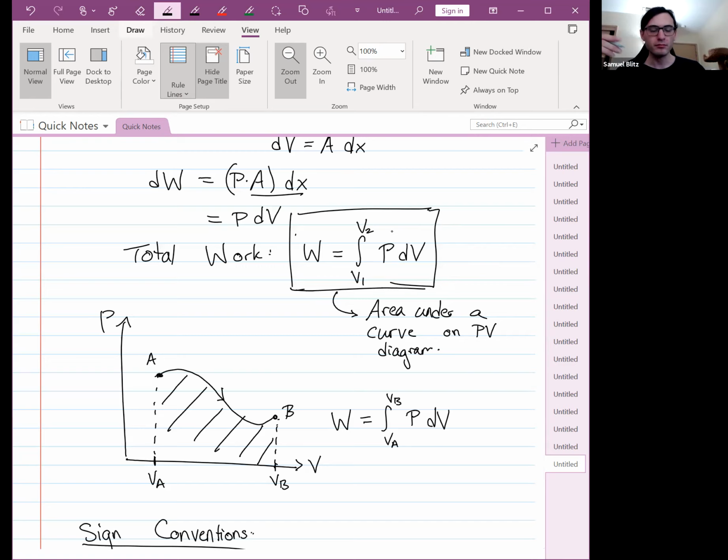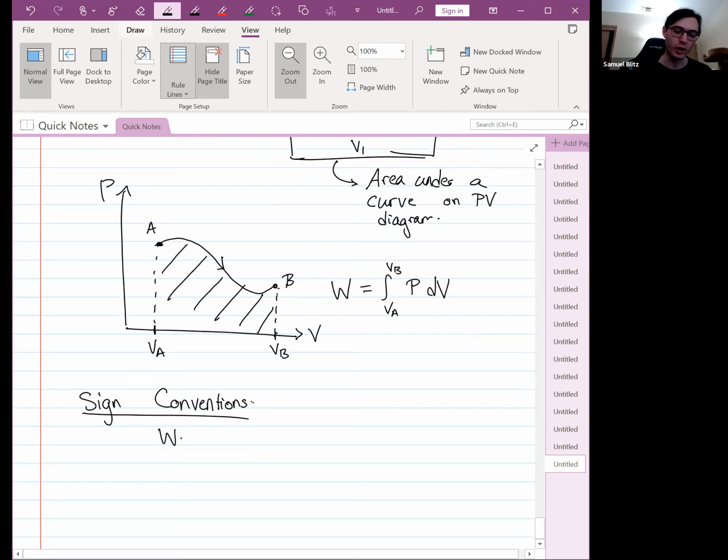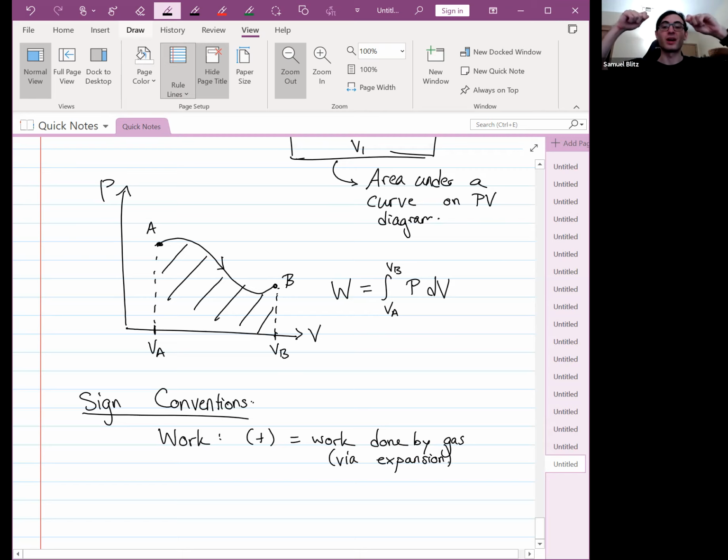And so the point is that our sign convention tells us that the work is positive when the work is done by the gas via expansion. So the way to think about whether the work is done by or to the gas is this. When a gas is pushing a piston up, the gas is losing energy in order to push the piston upwards.